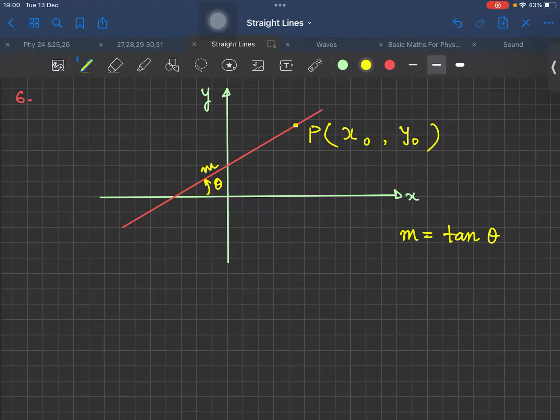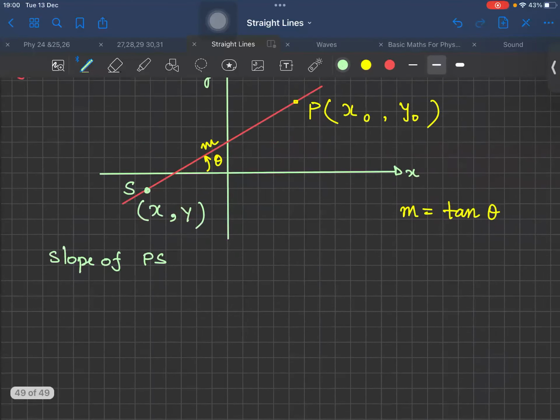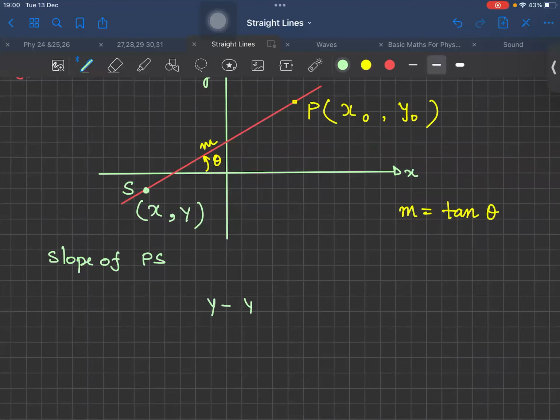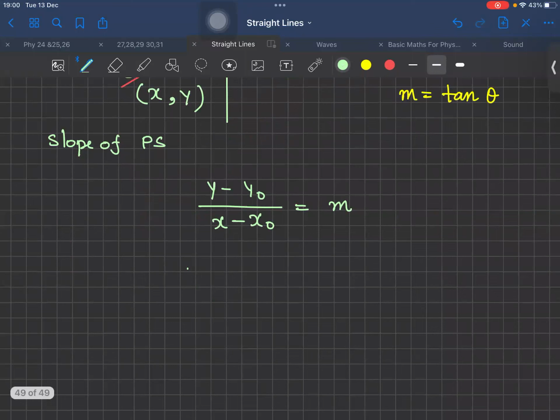So for the equation of line, you can take any point. Let's say some point S, and all the points will have a coordinate x, y. We don't know the value of x, y. So if you write the slope of PS, what will you write? Y minus y0 divided by x minus x0, and the slope is given to you as M. So from here, you can write y minus y0 is equal to M times x minus x0. And this will give you the equation of line.